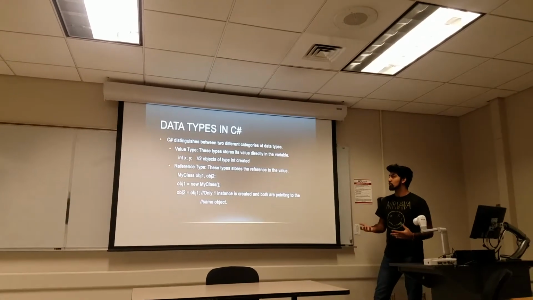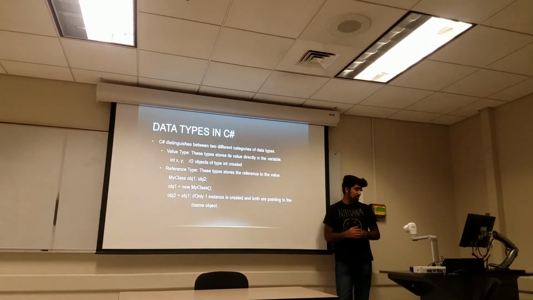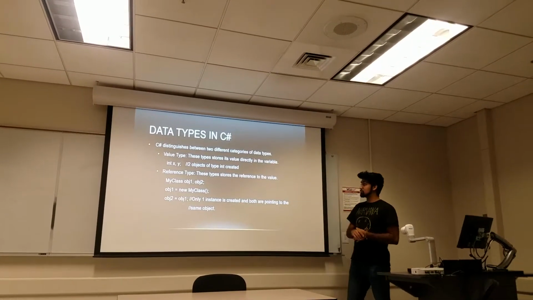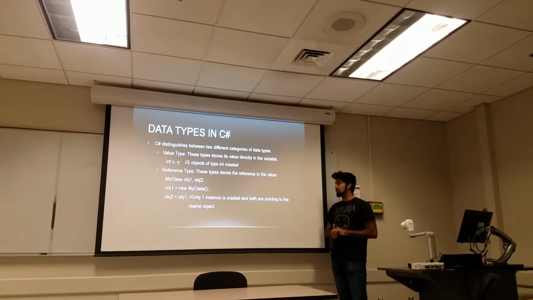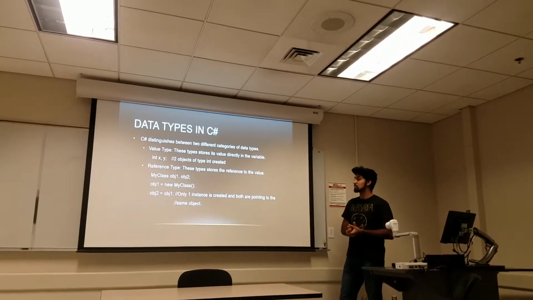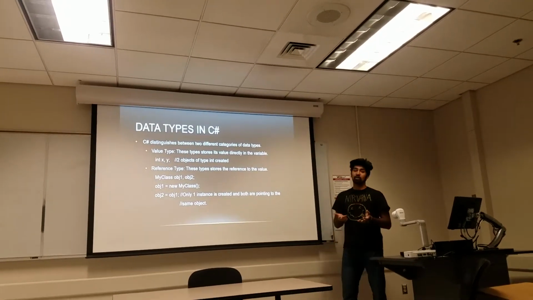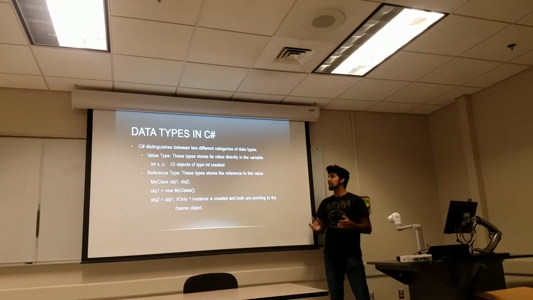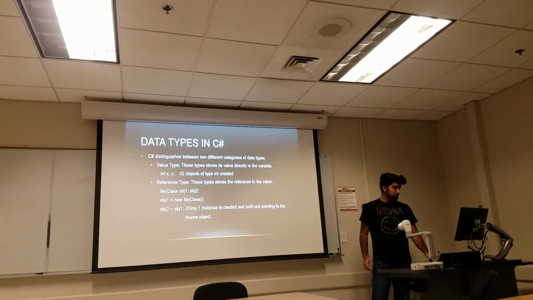These types store the reference to the value. As you can see in the example, there are two myClass objects. Object 1 creates a new class, and object 2 is referencing object 1. So only one instance is created, but both are pointing to the same object. You can see, again, the similarities between Java in typing and referencing.